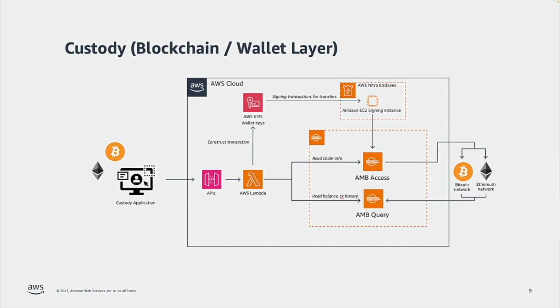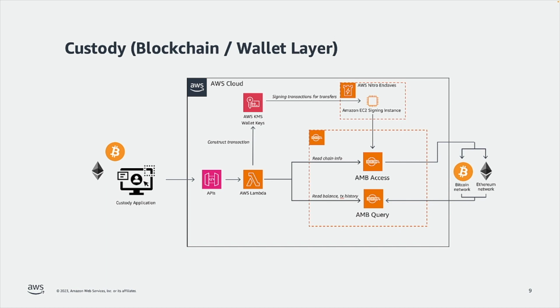Since many of the digital asset custody solutions will entail some sort of wallet capability, let's look at a digital asset custody use case in conjunction with digital wallets. Here is a reference architecture showing how a typical digital asset custody solution might look like on AWS infrastructure.